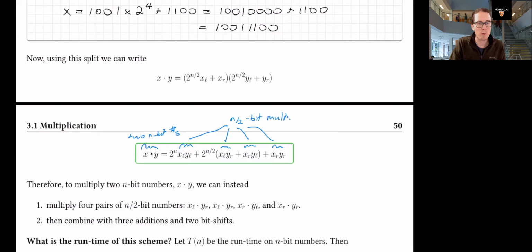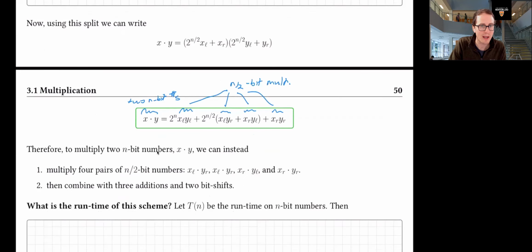Right, so instead of doing 1 n-bit multiplication, I could do 4 n over 2-bit multiplications along with some bit shifts. And so that's exactly what I'm saying here. Therefore, to multiply 2 n-bit numbers, x times y, we can instead multiply 4 pairs of n over 2-bit numbers, x left times y left, x left times y right, x right times y left, and x right times y right. Then we combine with 3 additions, 1, 2, 3, and 2 bit shifts.